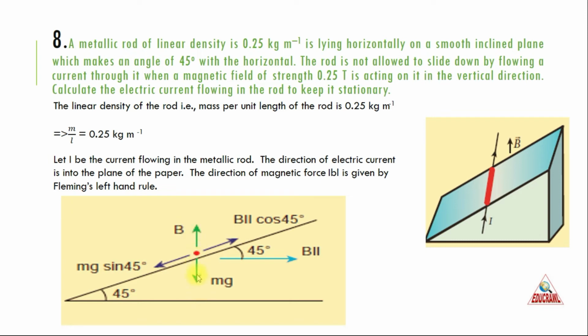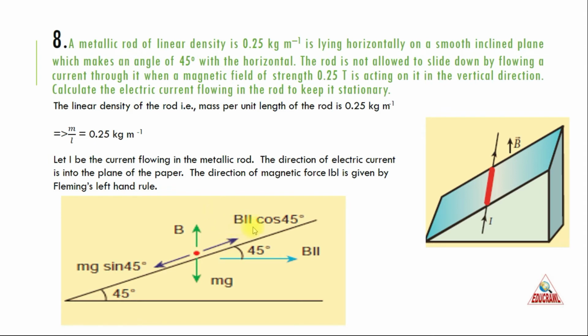We are not concerned about the motion perpendicular to the plane. We are concerned only about the motion along the plane, so we take mg sin 45 alone. This is the first force which is acting. The next force is the Lorentz force due to the presence of electric current and magnetic field. The expression for the Lorentz force is F equal to BIL.